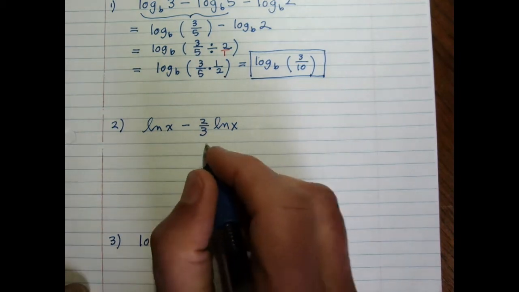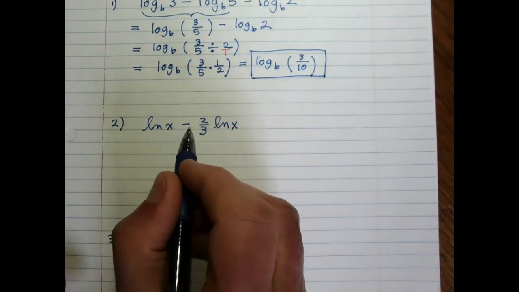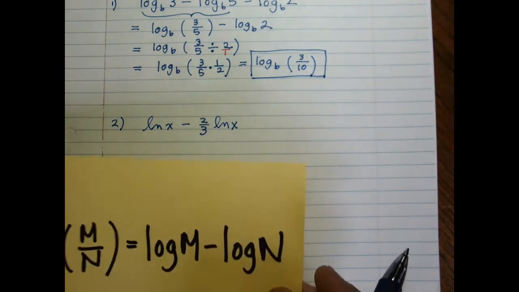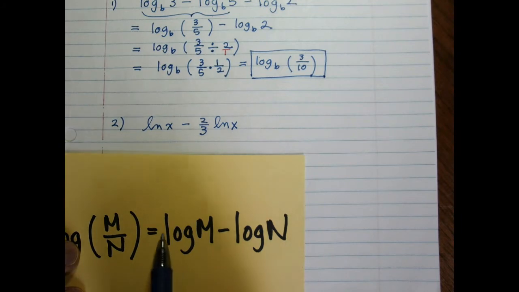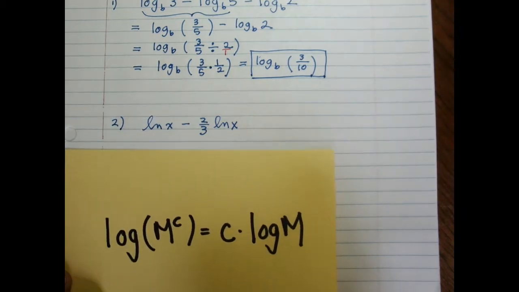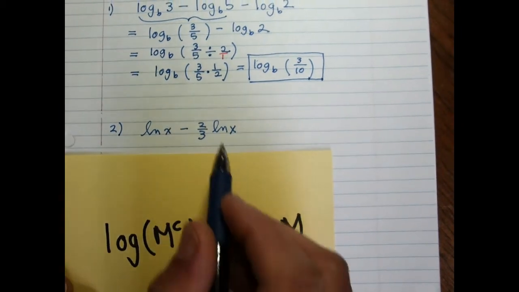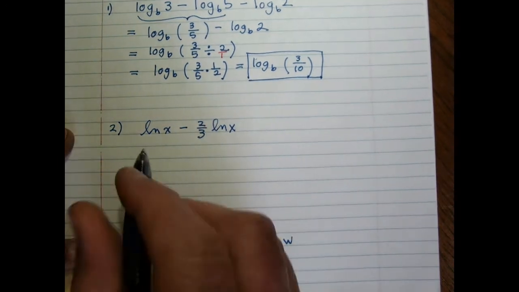Number 2, now we want to apply law 2 backwards again, but to apply law 2 backwards, I can't have other numbers involved as coefficients in front of these logs. So what I really have to start with here is a backwards application of law 3 to the second term in this expression.